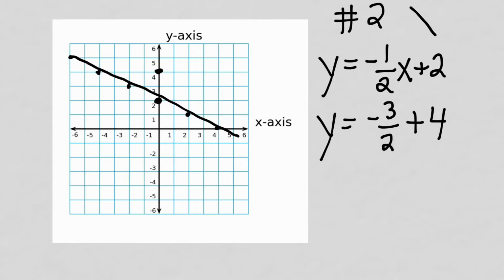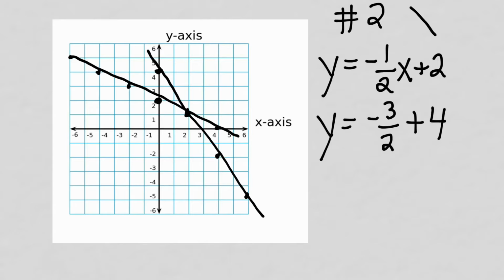So I can go in this direction and go down here and plot this point, because there's my run of 2 and my rise of 3. Let's do it again: go over 2, down 3, make a second point. I can do even one more. Draw the line.